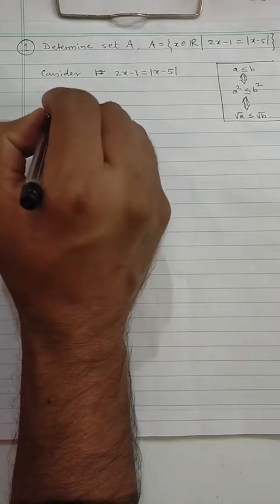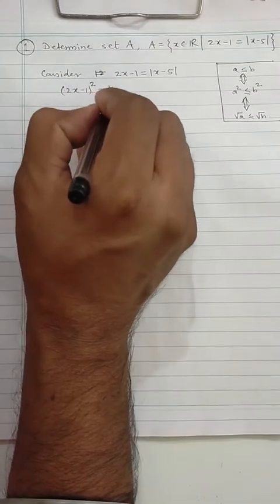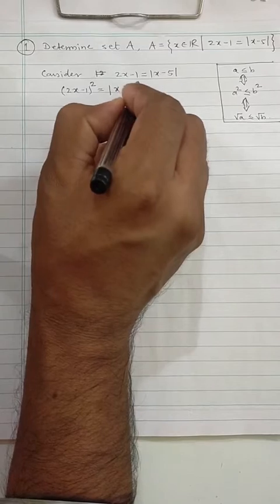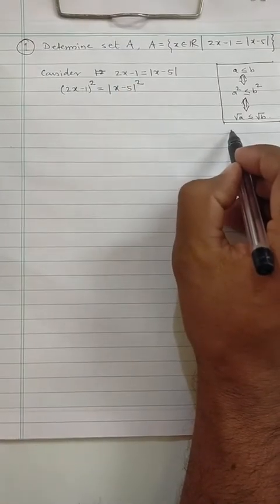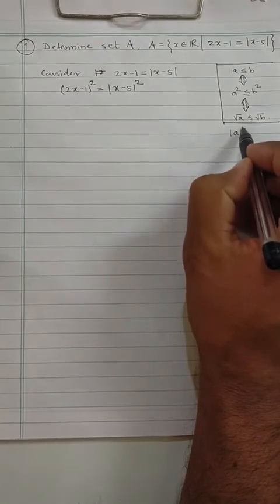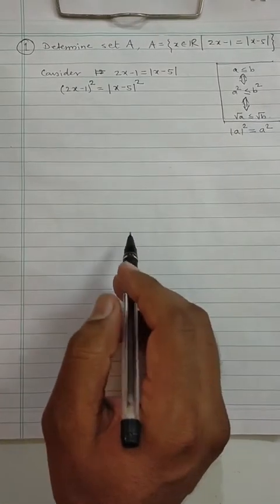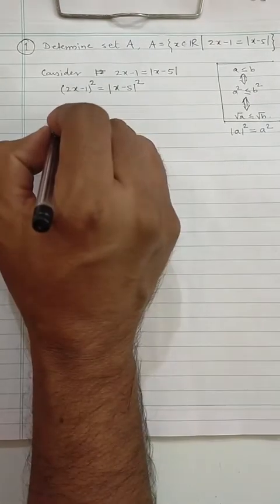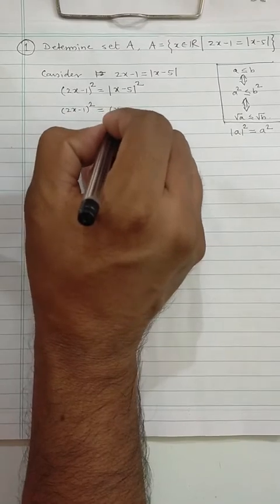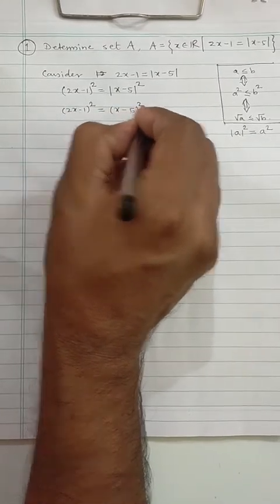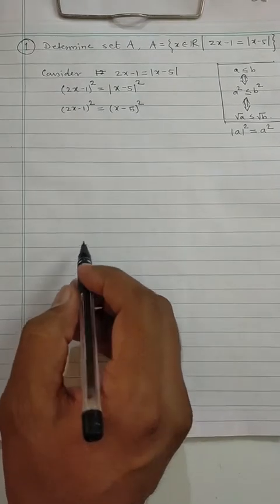So it will be (2x minus 1) square, which is modulus of (x minus 5) square. And again we have seen the property of modulus, that modulus of a square is the same as a square, right? So this can be (2x minus 1) square is equal to (x minus 5) square. So expand the brackets.